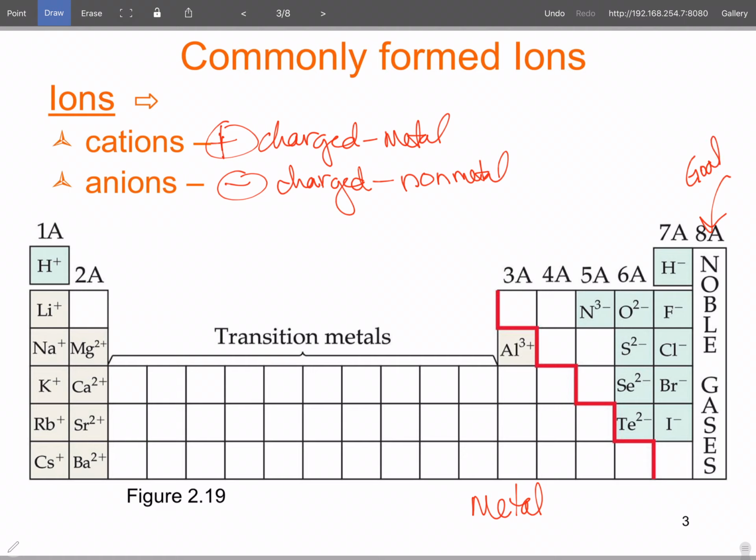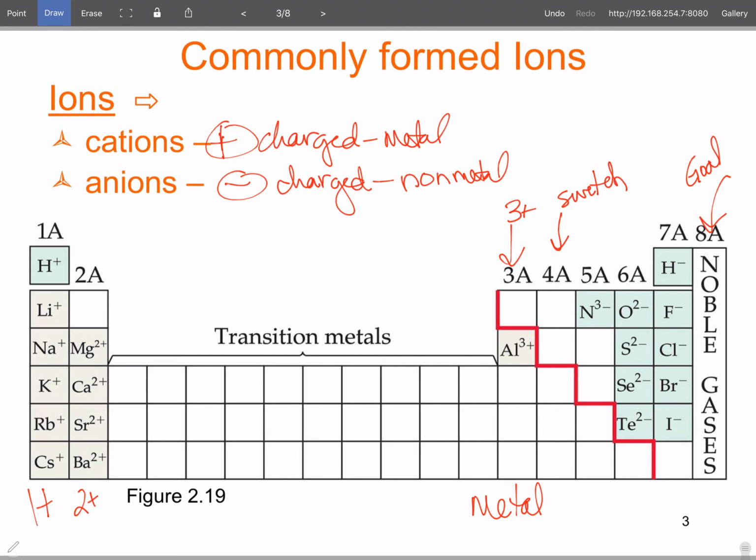So for positives, it's easier to lose one to go backwards. So this is group 1A. This tends to be 1 plus. Group 2A tends to be 2 plus. 3A is 3 plus. And then here you switch, because you can either gain or lose 4 electrons.